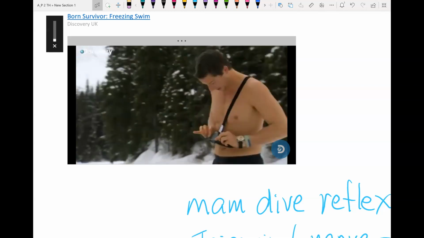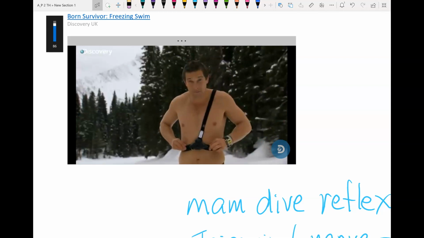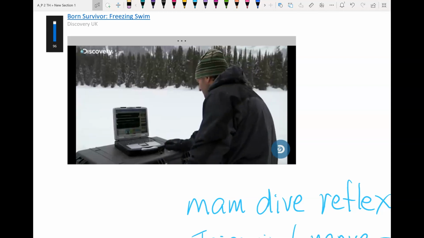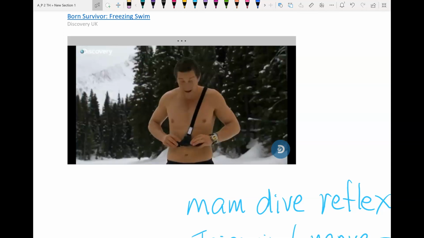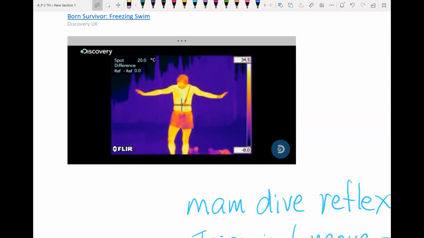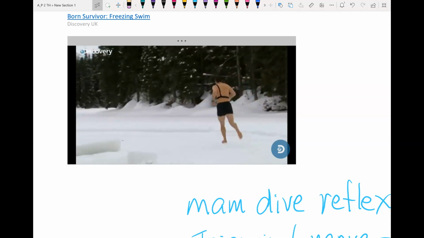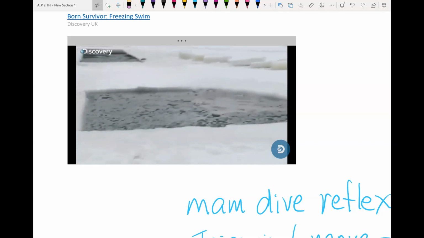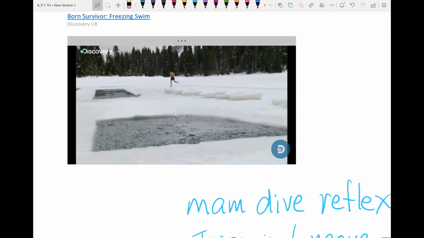Heart rate, but also my breathing rate. It's all linked up to a laptop, so the team can monitor me in real time. And I've got a thermal imaging camera showing my skin temperature. Okay, let's get into this. My skin temperature's currently 88 degrees Fahrenheit. That's about to fall dramatically. I've got to swim over 80 feet.